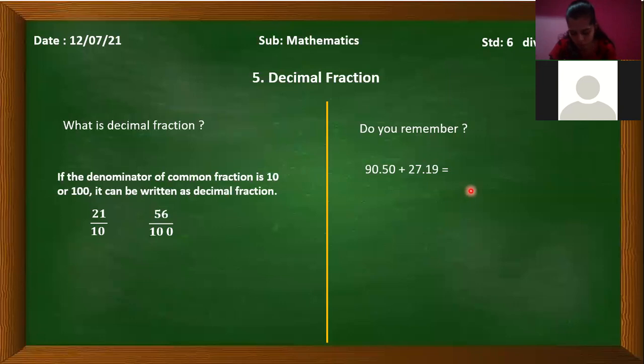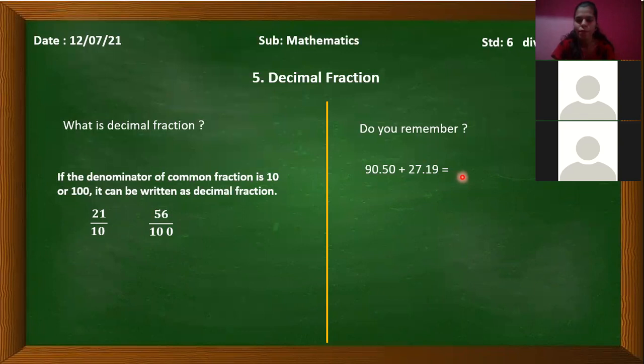So can anyone answer? Just copy it down and solve it in your book and give me the answer. It's easy. 117.69. Right. That's the correct answer.